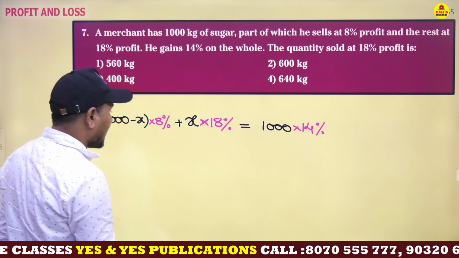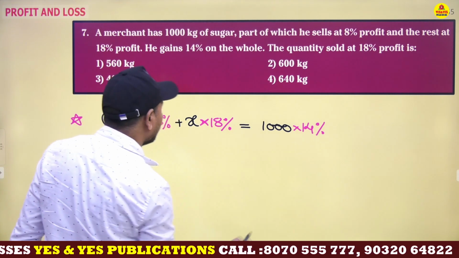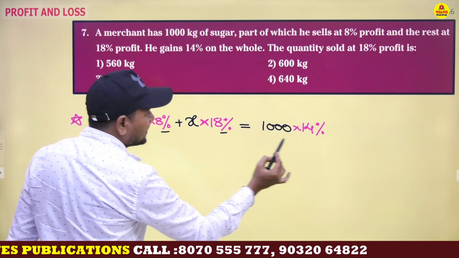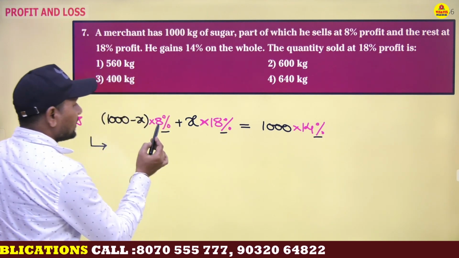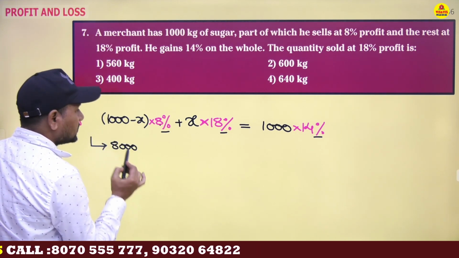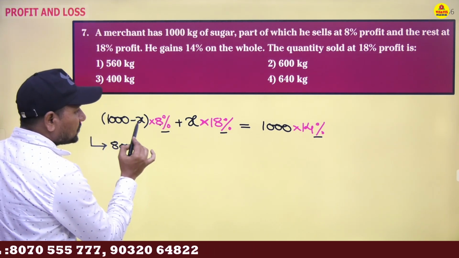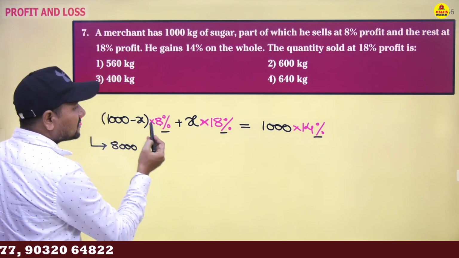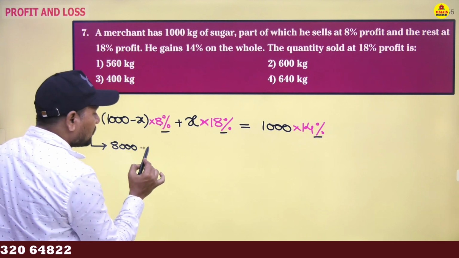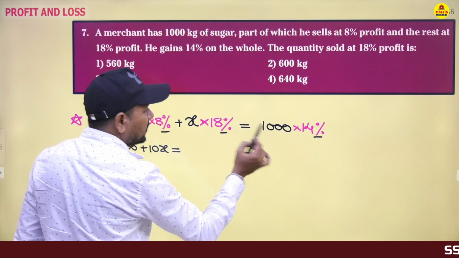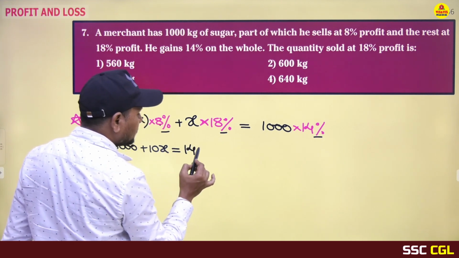Now you can calculate clearly. Here the percentages are going to cancel. 8 into 1000 is 8,000, minus 8x, plus 18x. 18x minus 8x is equal to plus 10x, and 14 into 1000 is 14,000.